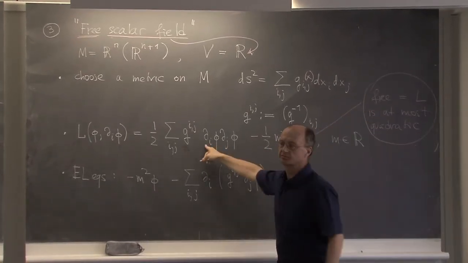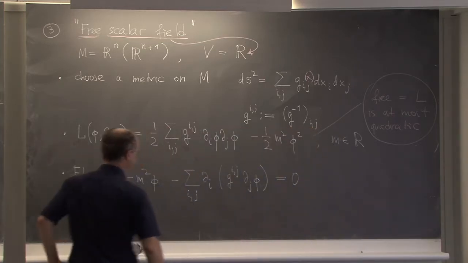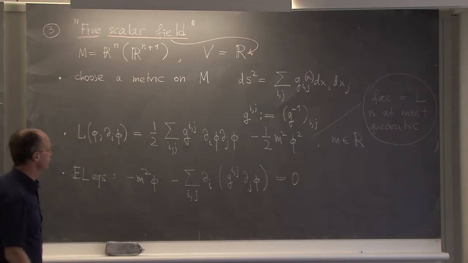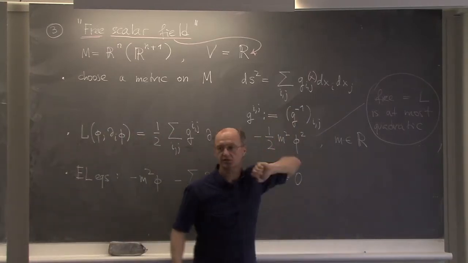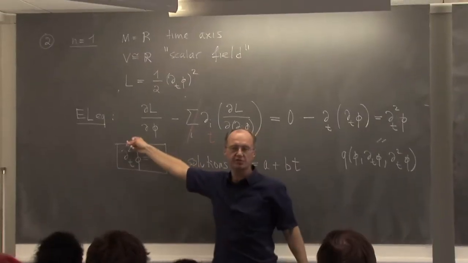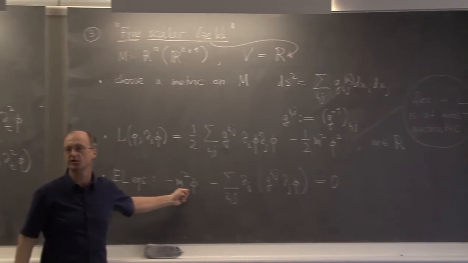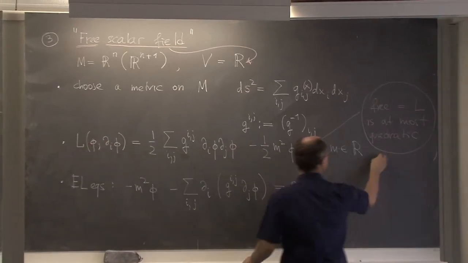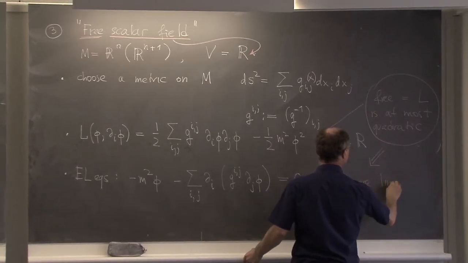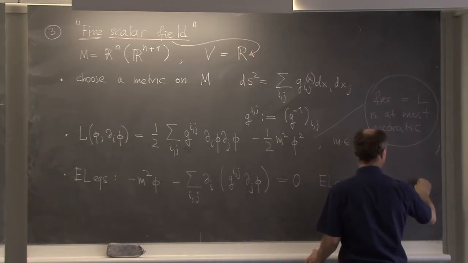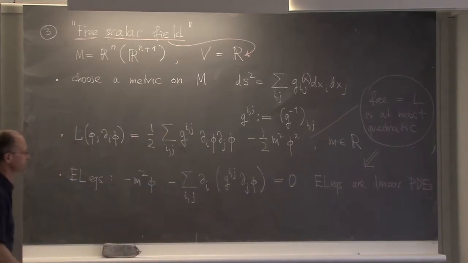Now it is quadratic with respect to phi and di phi, so it's a free theory. So perhaps here you will notice that since it is at most quadratic in its variables, and here we are taking derivatives in its variables, the Euler-Lagrange equations are linear differential equations. So these are linear partial differential equations.